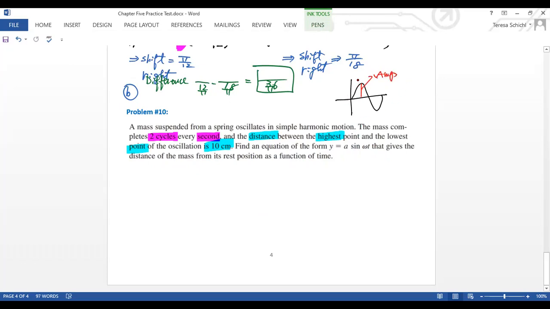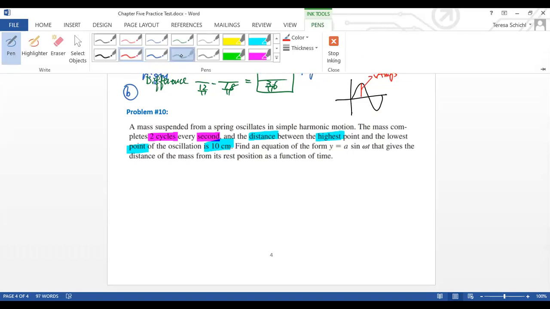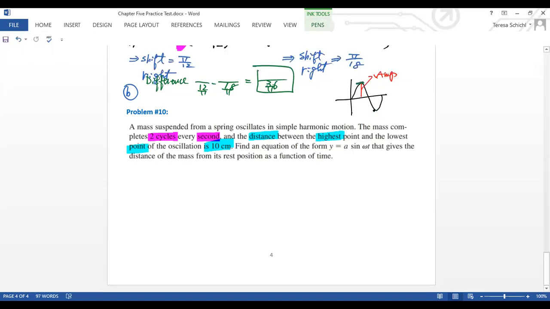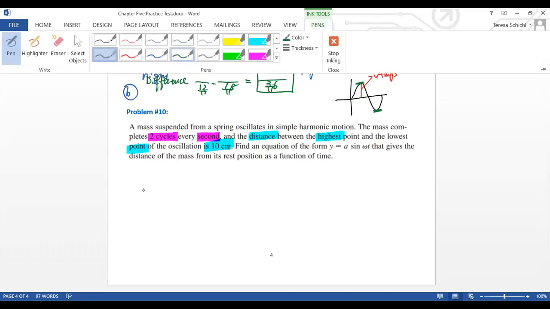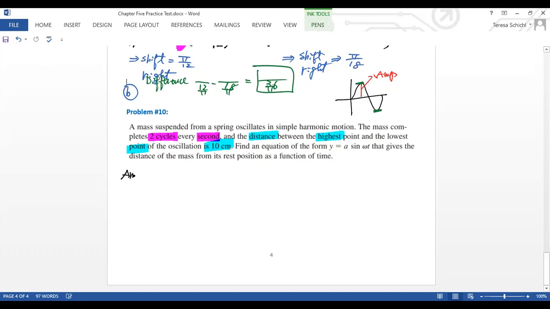If you look at the sine function from the highest point to the lowest point, the amplitude is just half of it, right? In here, they say the distance between the highest point and the lowest point is 10 centimeters. So what do I conclude? The amplitude will be 10 divided by 2, so it's 5. All right.